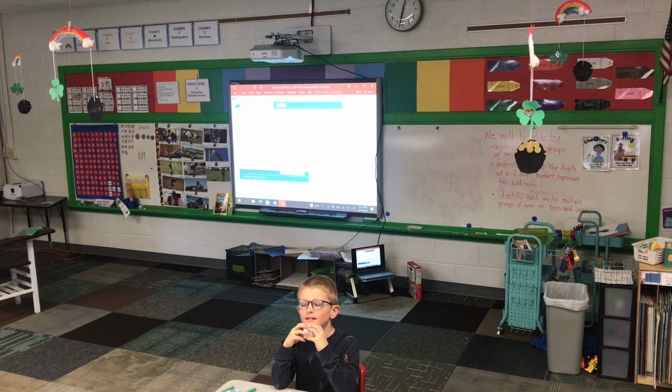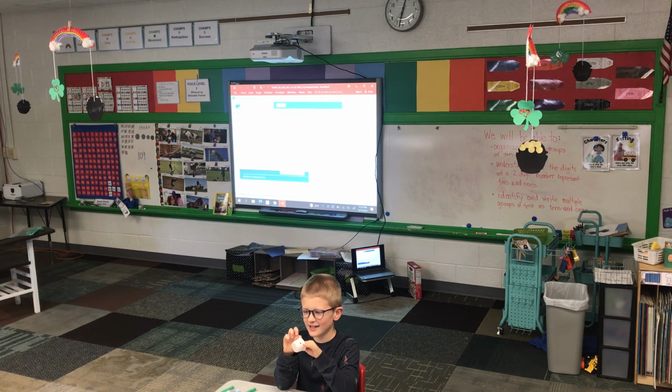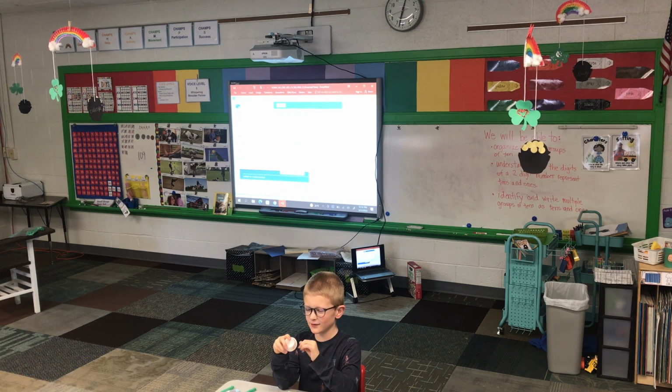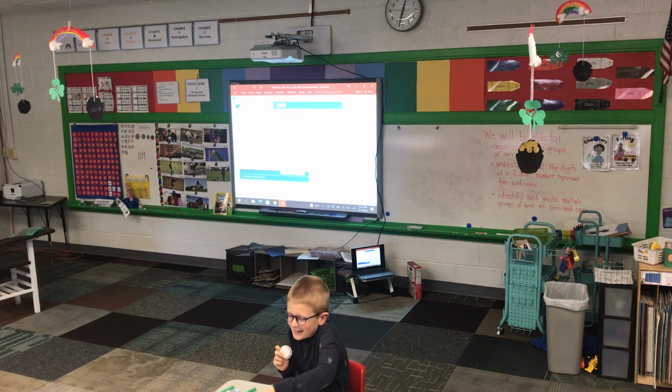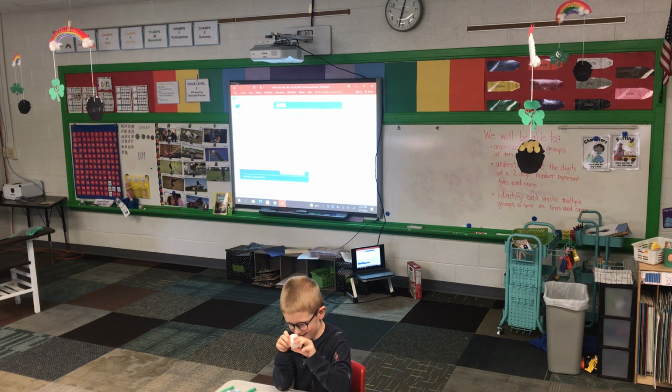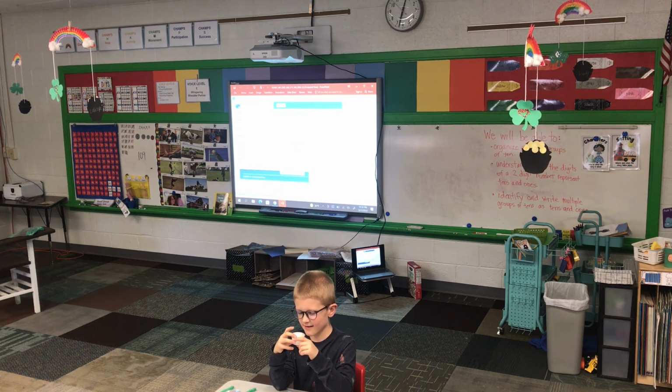You only have 10? This looks like more than 10. How many do you have all together? How many cubes do you have? Okay. You only have 3 cubes? 13 cubes? You only have 13? How many was it?